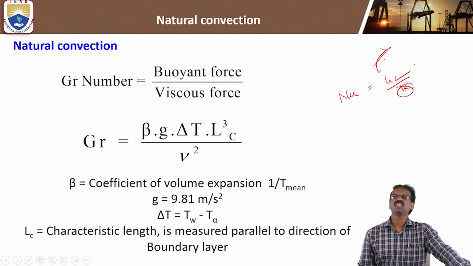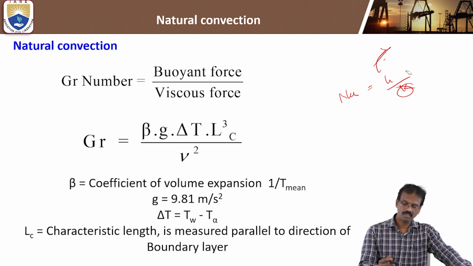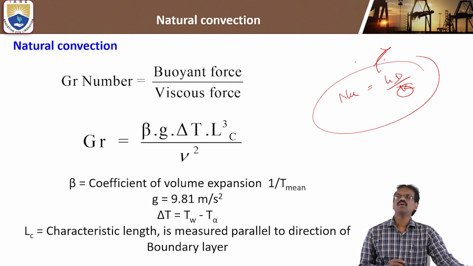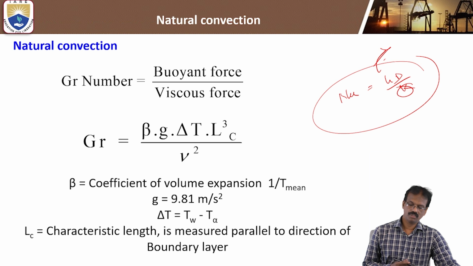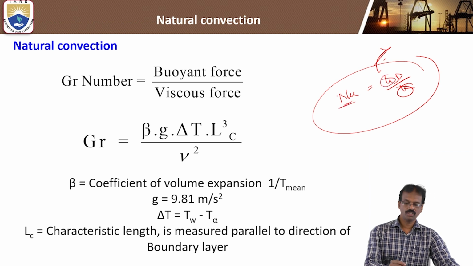If it is a circular pipe, you can take the diameter, hD. If you know the Nusselt number, then you can find the h value, and automatically the rate of heat transfer, h into delta T.